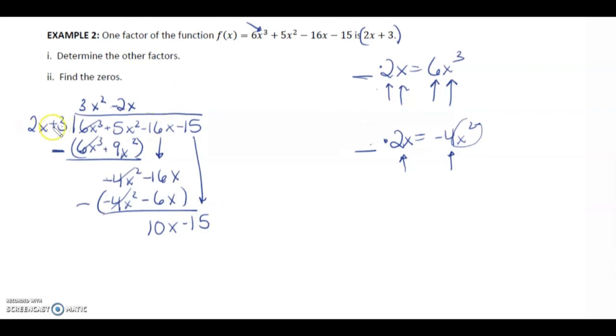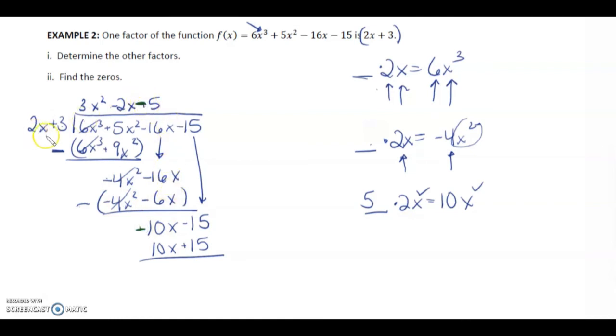Now, what times 2x is going to give us 10x? Well, that's just 5. The x is already accounted for, so plus 5. Sorry, negative 16x minus 6x is negative 10x, so this is going to be a subtraction.